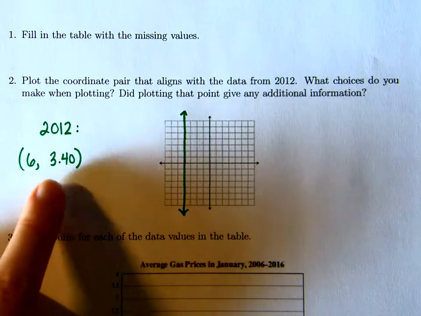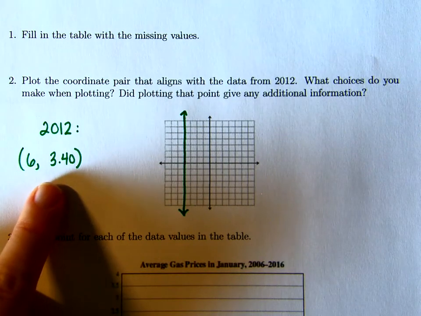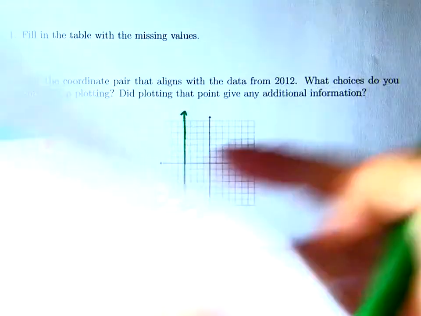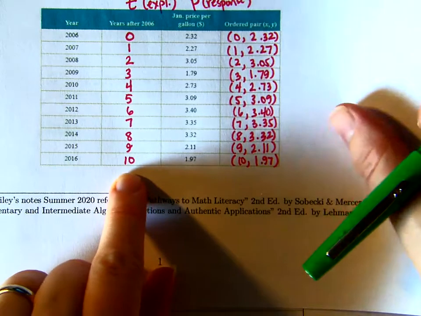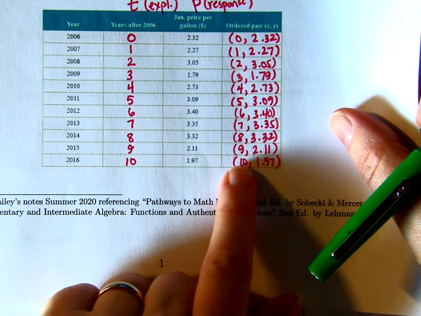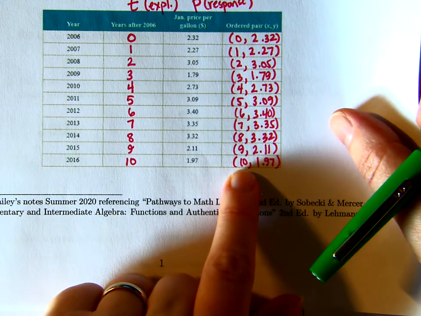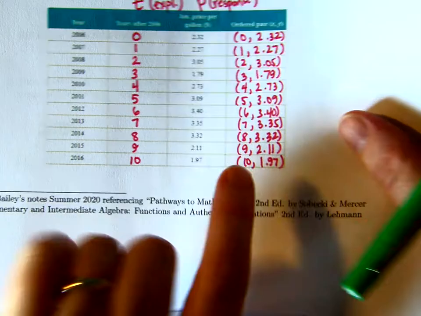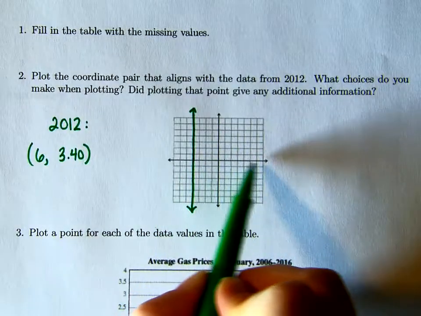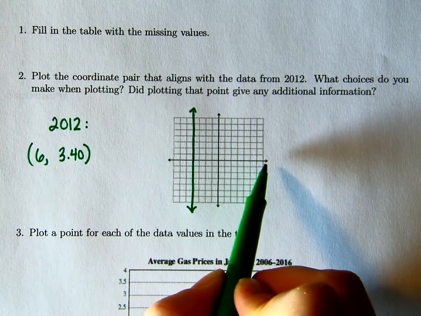I realize that we're only plotting this one point, but this goes up to 10 in our explanatory variable, which is the horizontal axis. So I wanted my horizontal to be able to have at least 10.